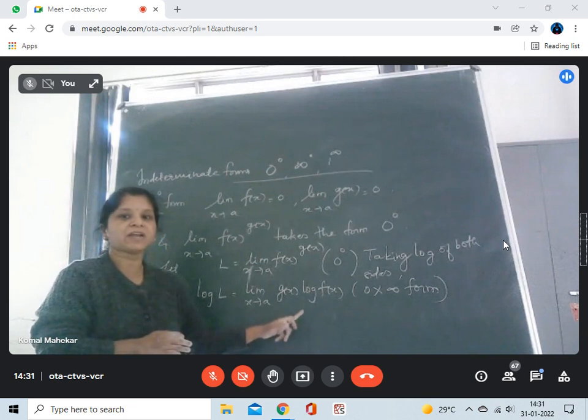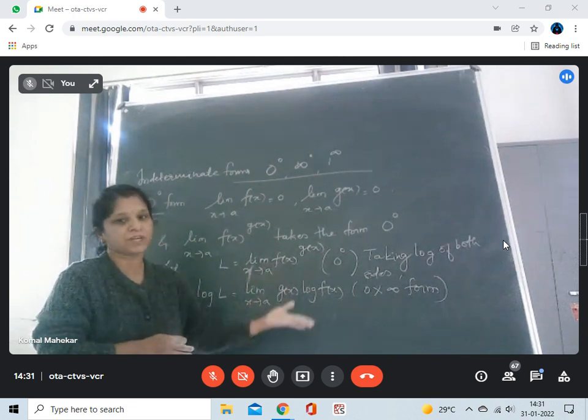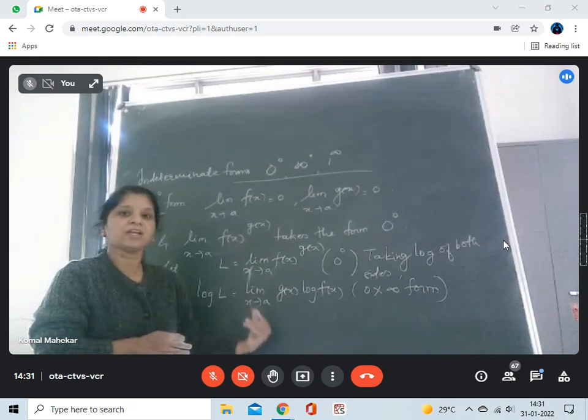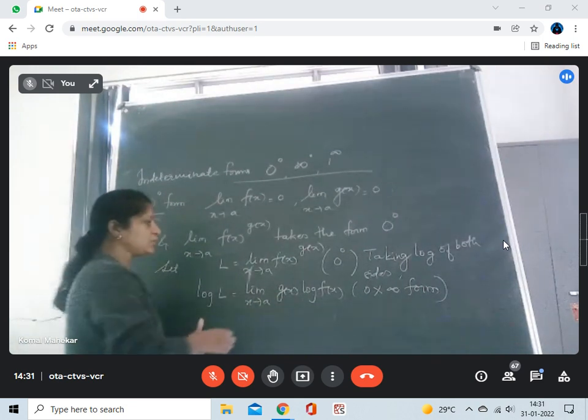So that it will get converted into 0 by 0 or infinity by infinity form. Then we can determine the limit of that using the L'Hospital rule.